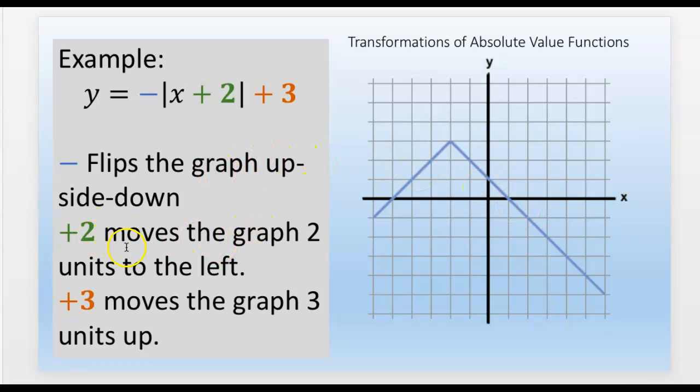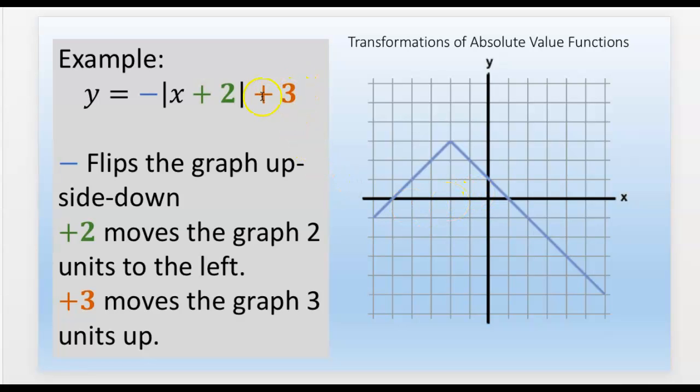The plus 2 moves the graph to the left 2. Plus 2 on the inside, near the x, inside the absolute value symbol, you move in the opposite direction from what the sign says. That says plus 2, so I move back 2, to the left, toward negative 2.